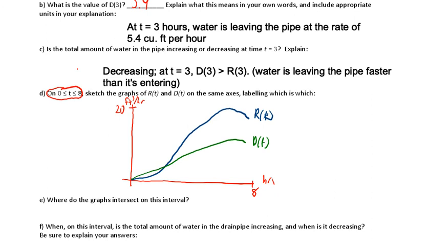So does anybody think they can answer this question now? On this interval, which means 0 to 8, when is the total amount of water in the drain pipe increasing?